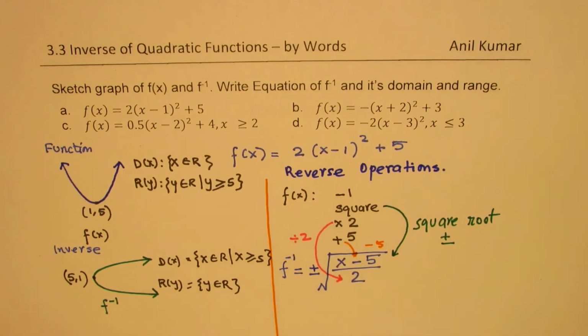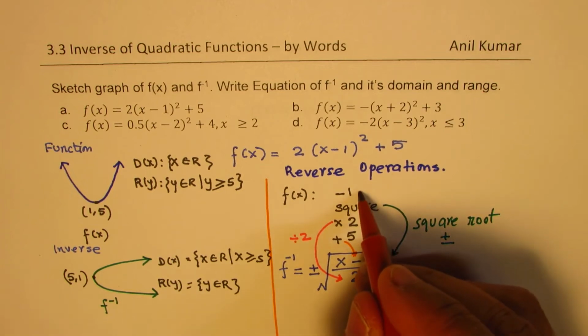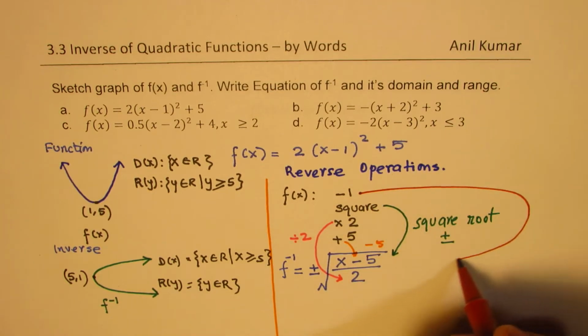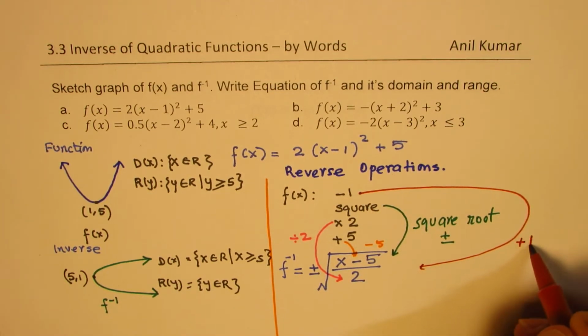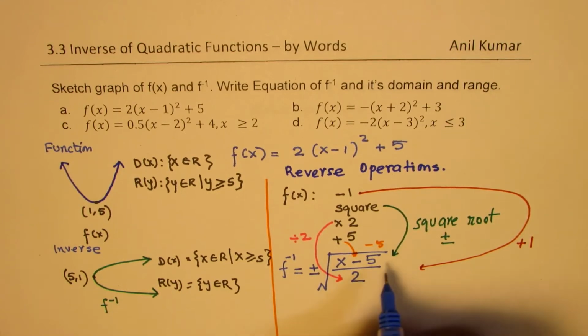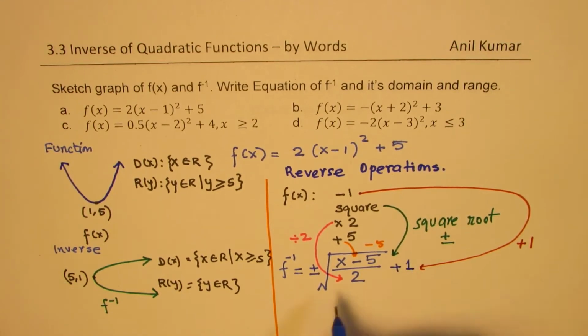And then finally, we have this minus 1, right? So this minus 1 will become what? Plus 1, correct? So we'll write this as plus 1. Do you see that? So we got the equation for the inverse of the given function, correct?